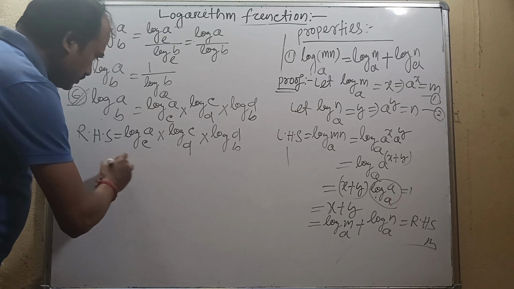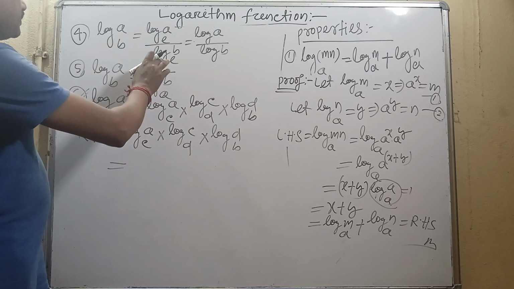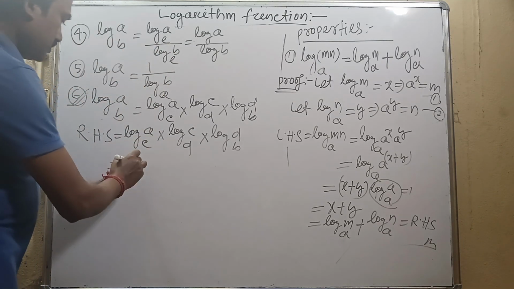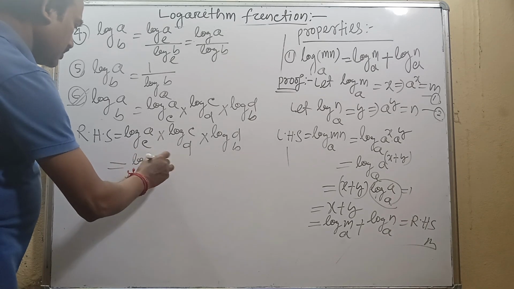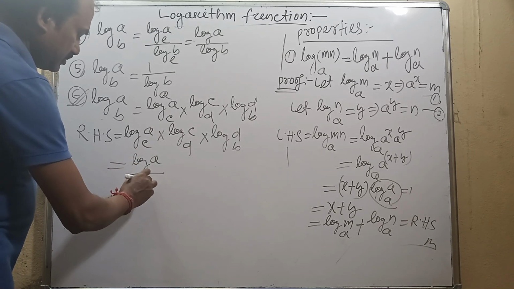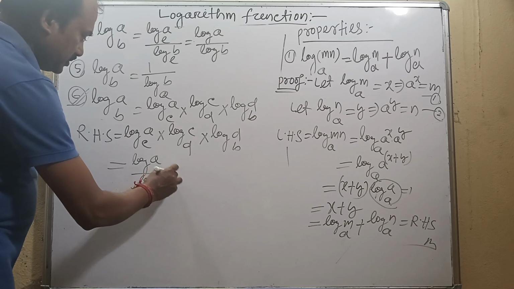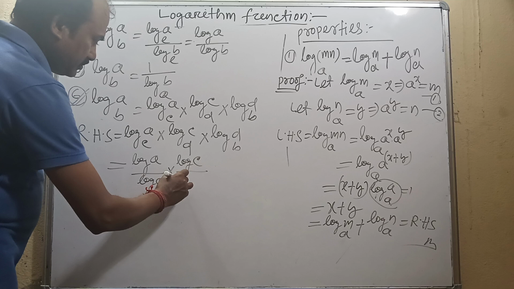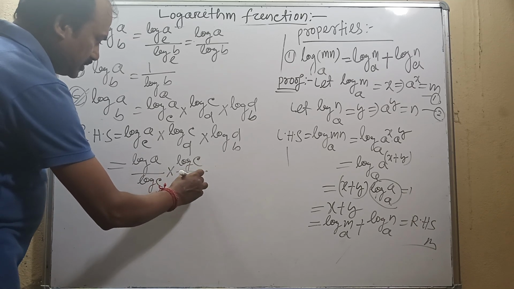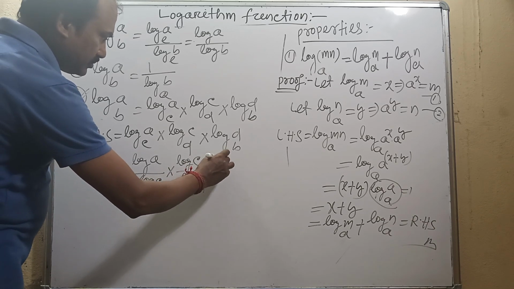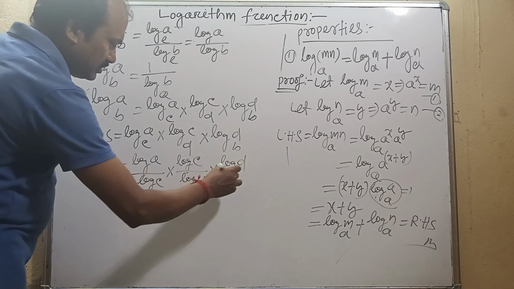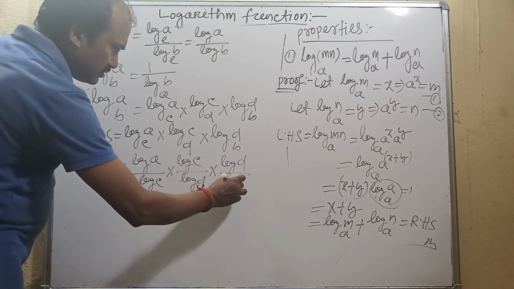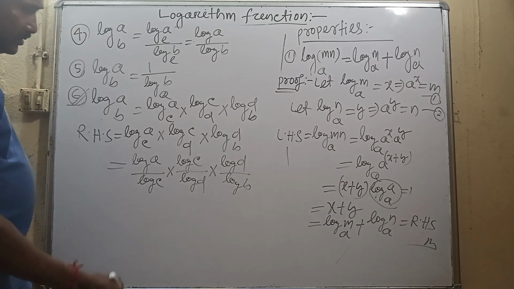Use property number 4: log a divided by log c, into log c divided by log d, into log d divided by log b.